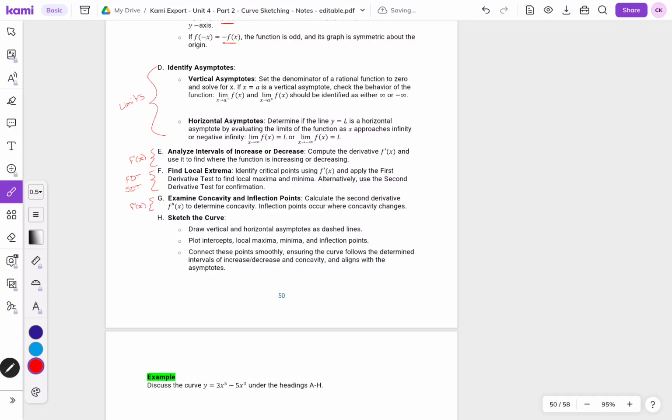And then we put all of that together and we sketch the curve. So first drawing in our vertical horizontal asymptotes, plotting your intercepts, your local max, local min, inflection points, and then connecting these with nice smooth curves. No V's, no straight lines, nice smooth curves.